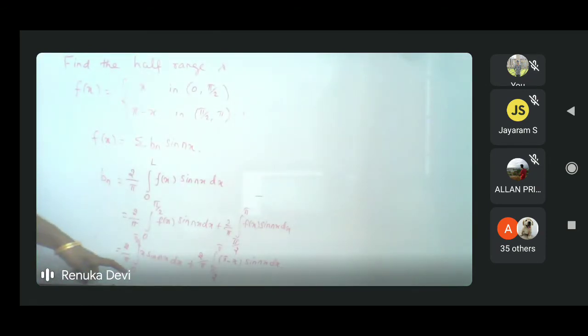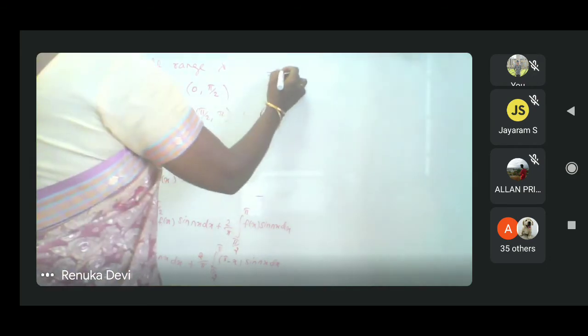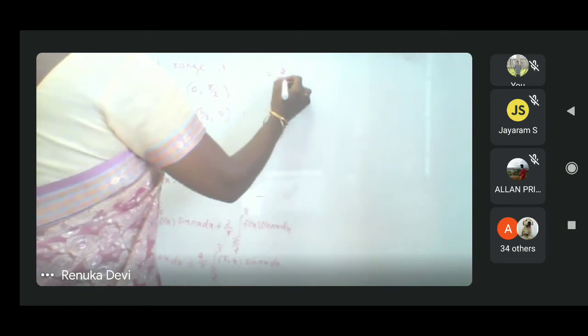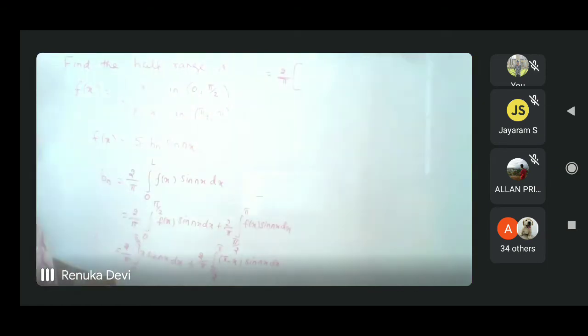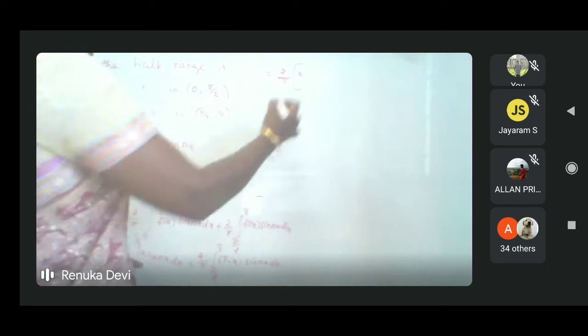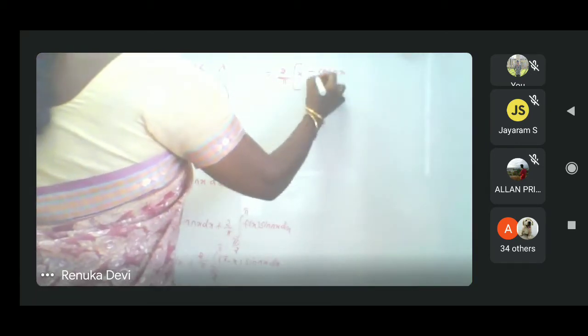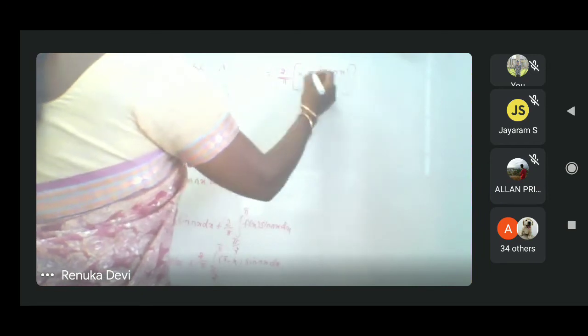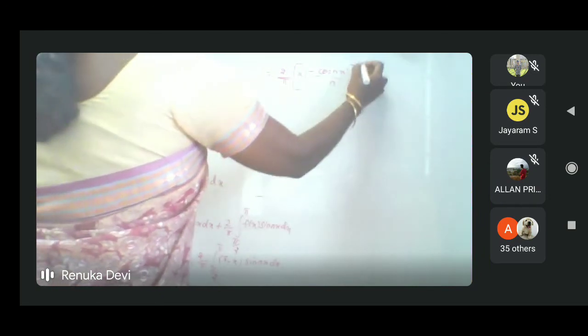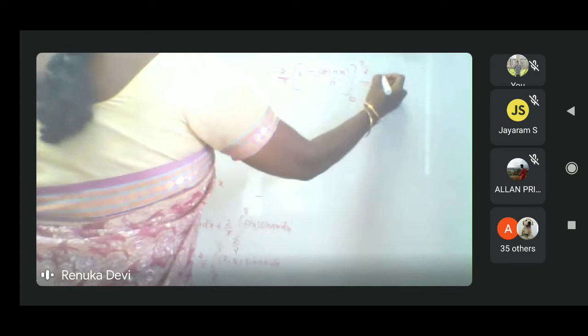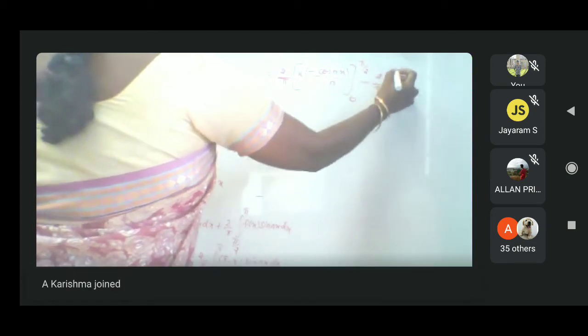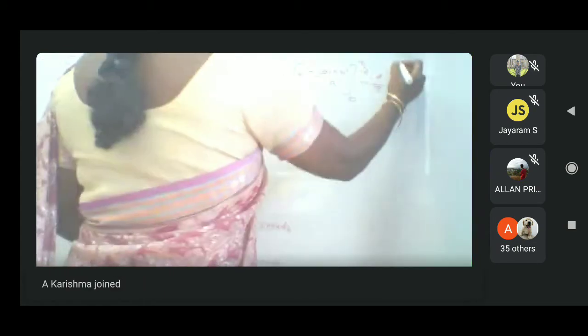Now here also you use the integration by parts, u equal to x and dv is sin nx. Therefore, this is 2 by pi. What is u? u is x. Integral of sin nx, that is minus cos nx by n, from 0 to pi by 2, minus 2 by pi integral 0 to pi by 2.